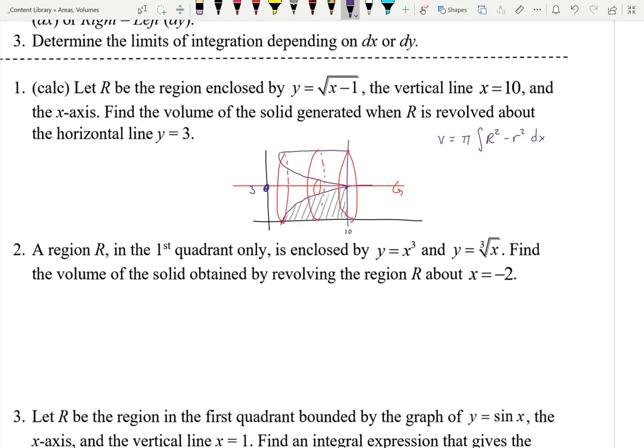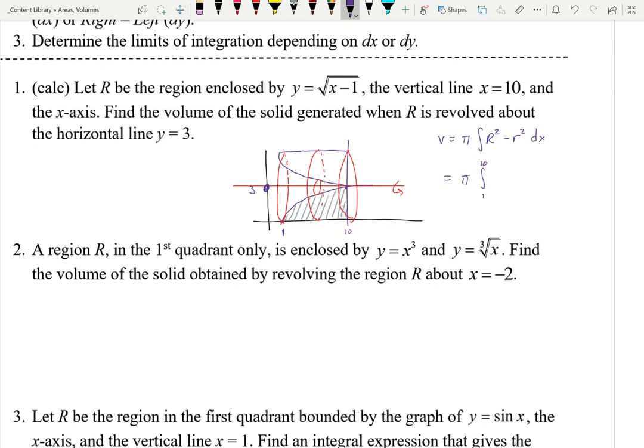Based off of our previous conversation, we know that function starts at 1, and we have this far limit of 10, so my integral is going to be from 1 up to 10. Now the question is, how do we determine the outer and the inner radius?